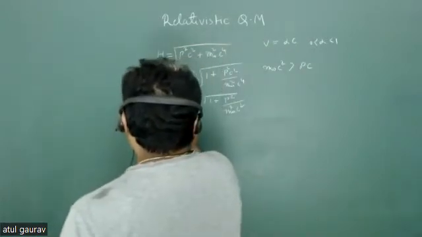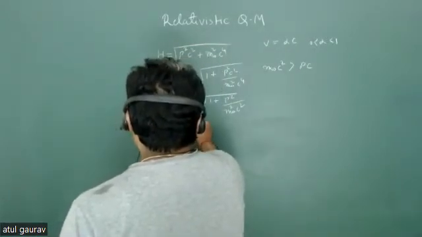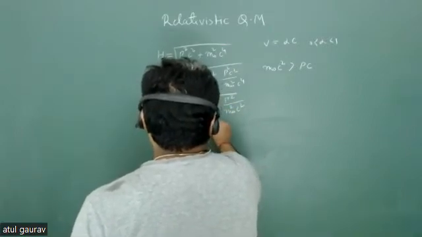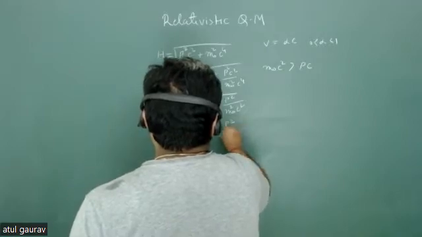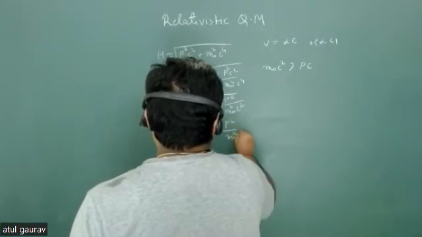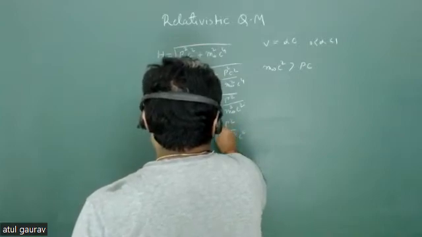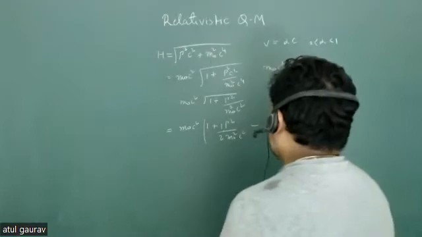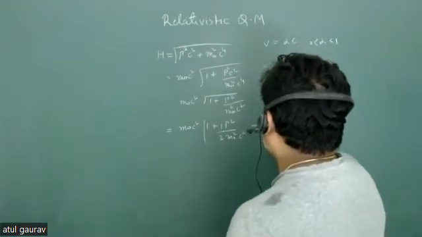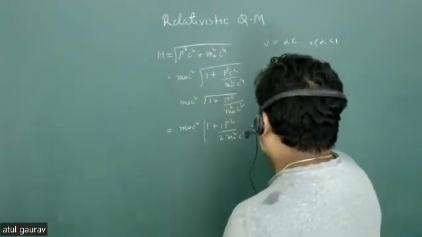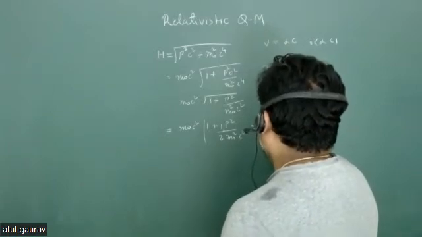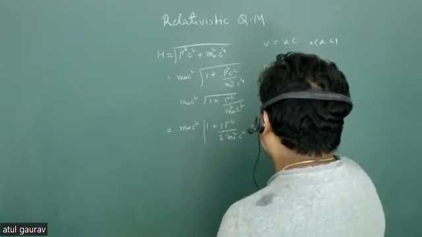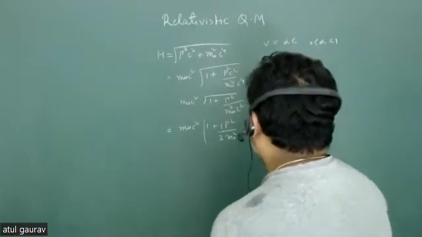You have this particular thing m naught c square, and this whole term is 1 plus p square by m naught square c square, 1 by 2 will be there, and the next term is minus 1 by 8, p to the power 4 upon m naught 4 c to the power 4, isn't it?